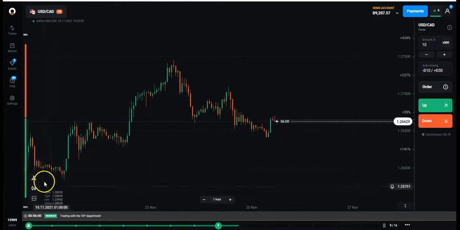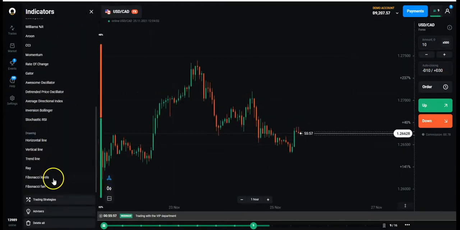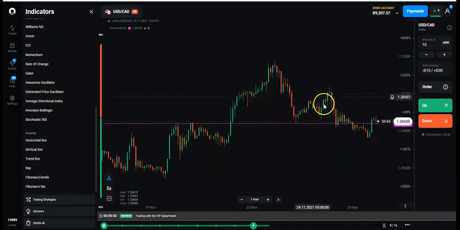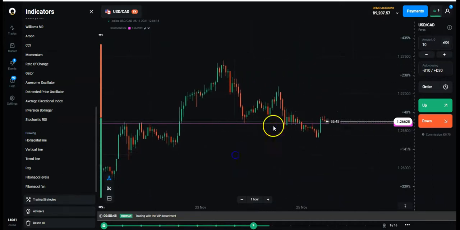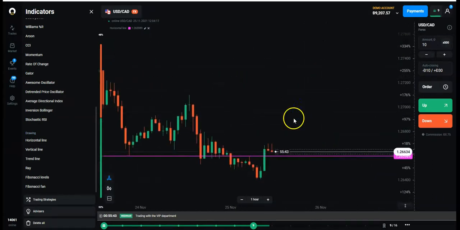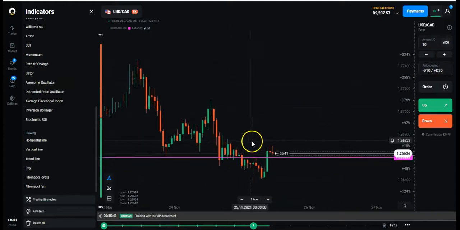You can see as well, if I draw a horizontal line on this level, this so-called support resistance level was broken, now heading higher back into the higher time frame direction. Therefore, I expect this to continue higher.